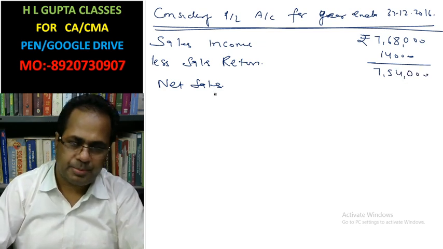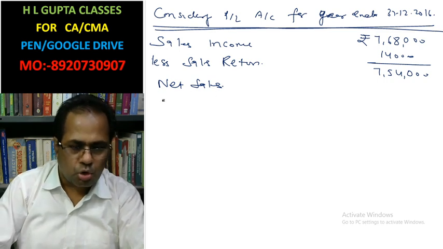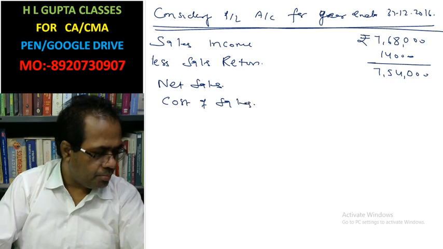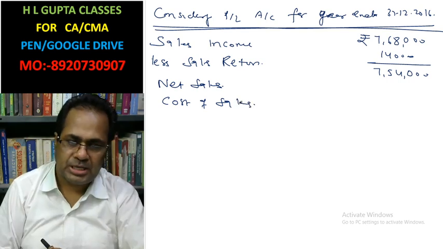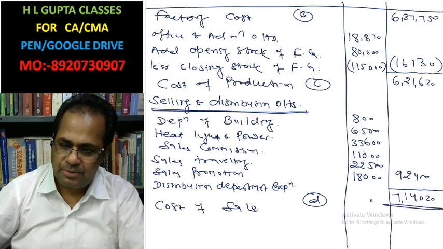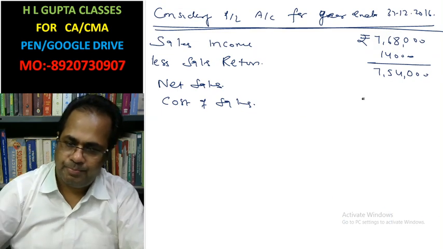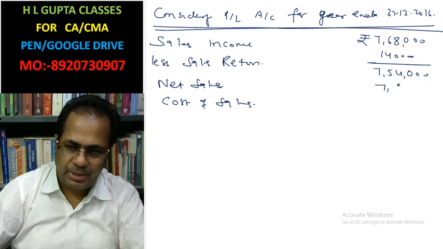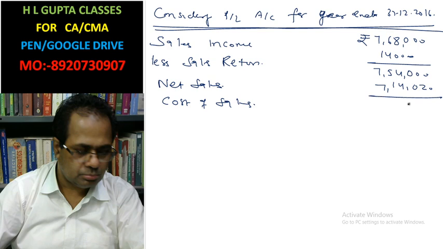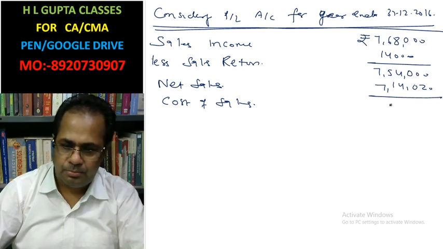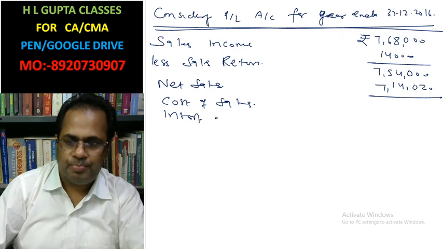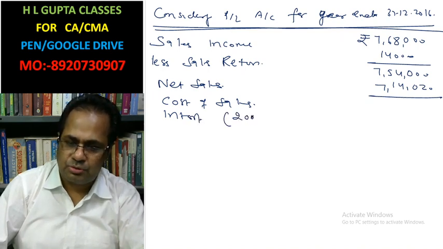Cost of sale. As above, we have already calculated cost of sales, 7,14,020. Thereafter, interest expenses 2,000 is given.